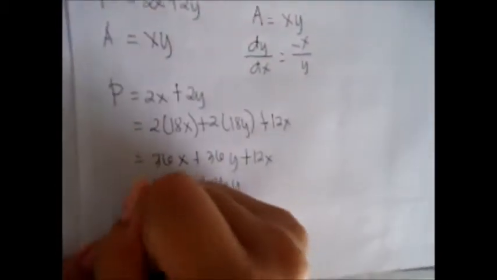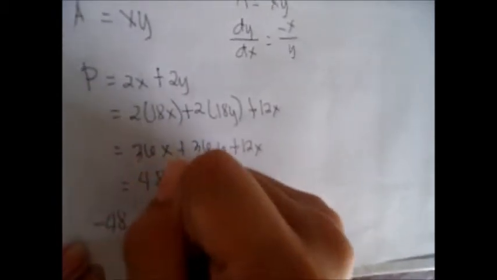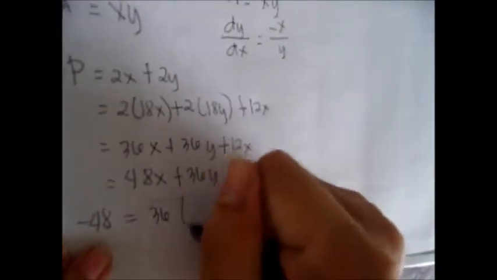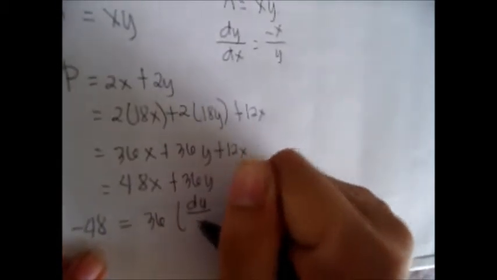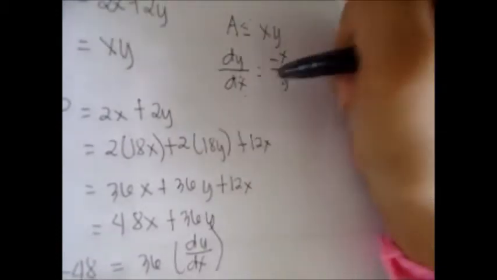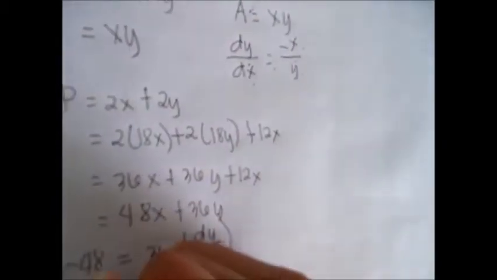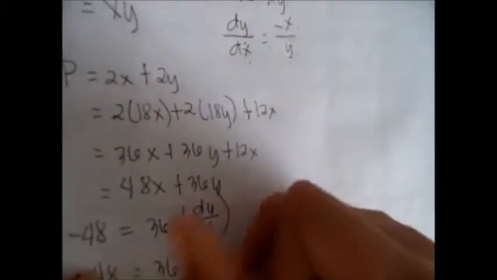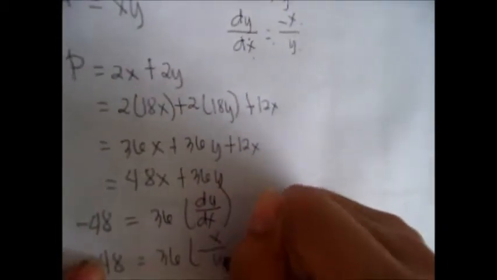We substitute the value of dy/dx here. Negative 48 is equal to 36 times dy/dx. The value of dy/dx is equal to negative x over y. Substitute the value. 48 is equal to 36 times negative x over y.